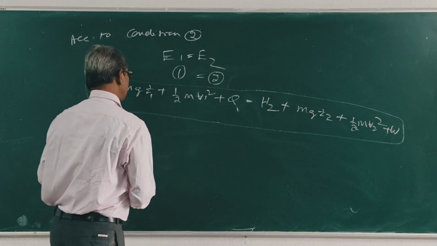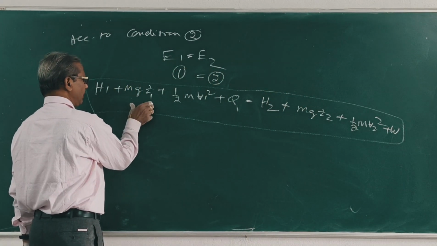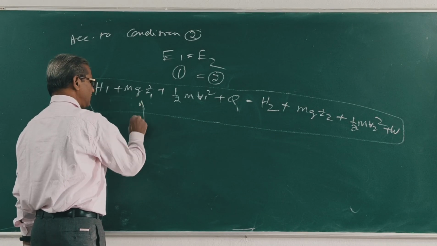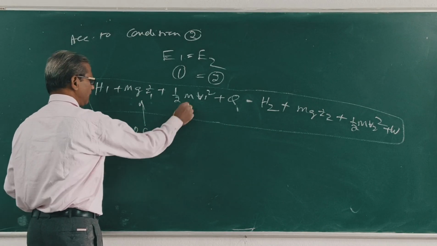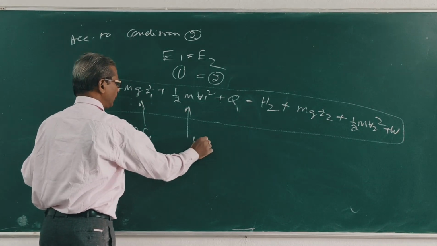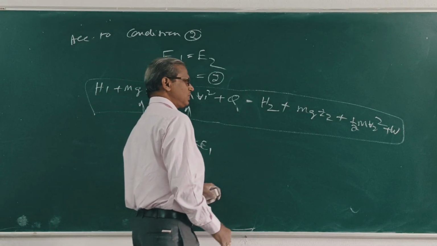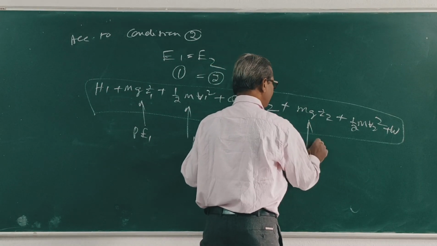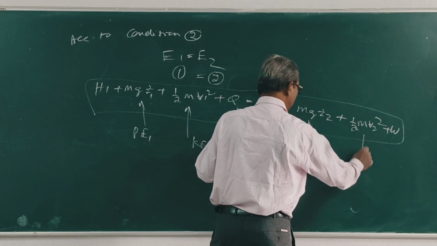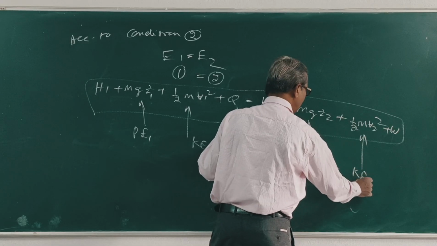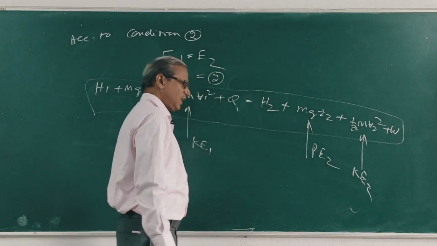So what is this? This is P1, this is K1, this is P2, this is K2. Clear?